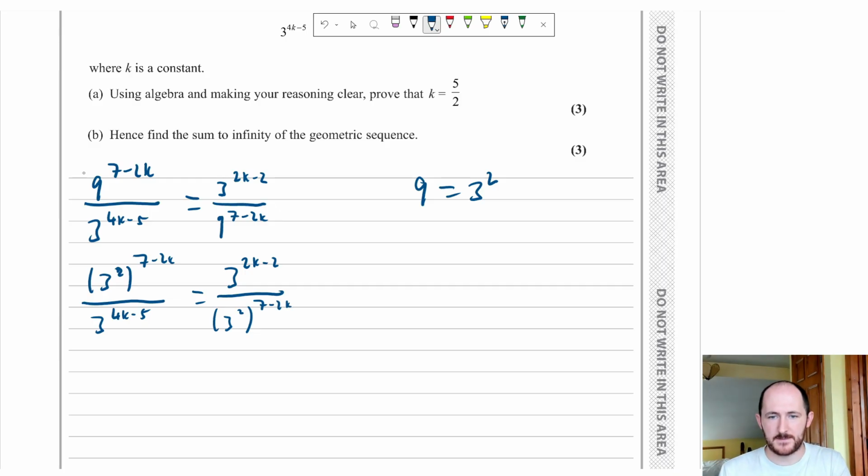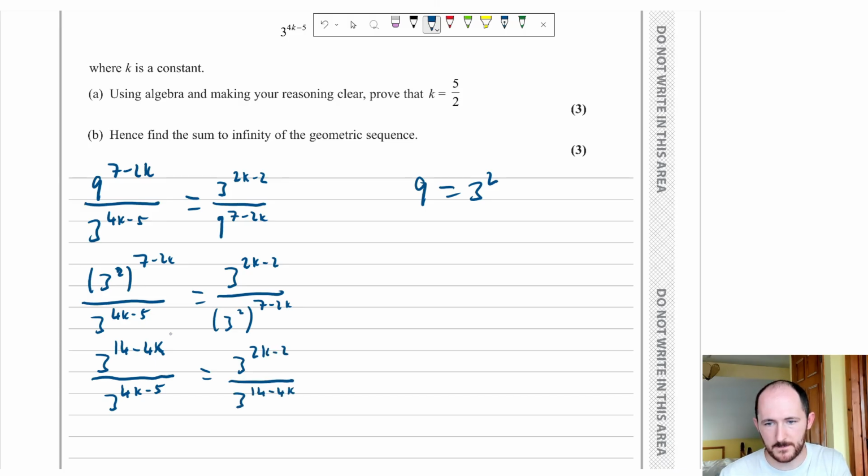Now we can expand that: when you have a power to the power, they multiply each other. So 3 to the 14 minus 4k over 3 to the 4k minus 5 equals 3 to the 2k minus 2 over 3 to the 14 minus 4k.